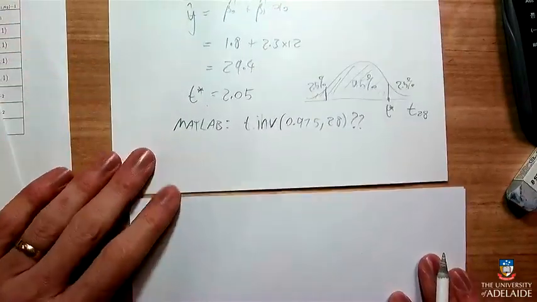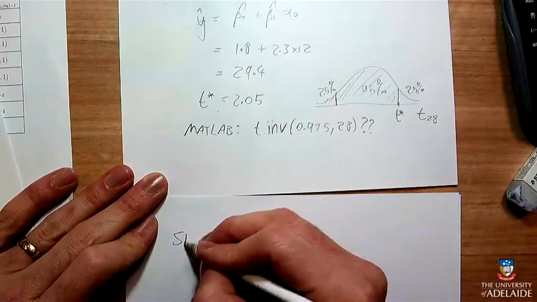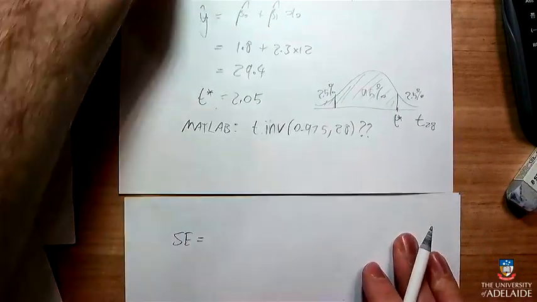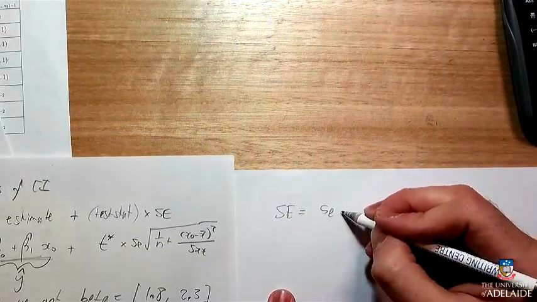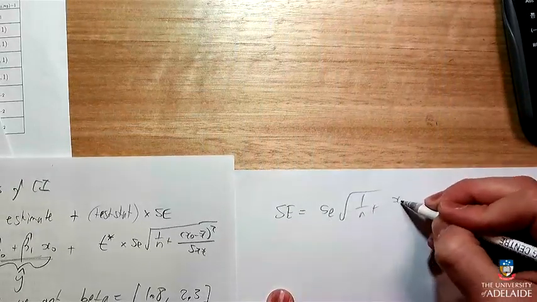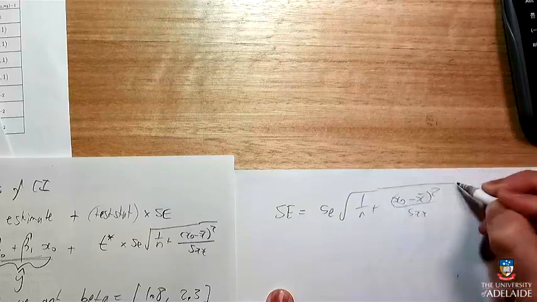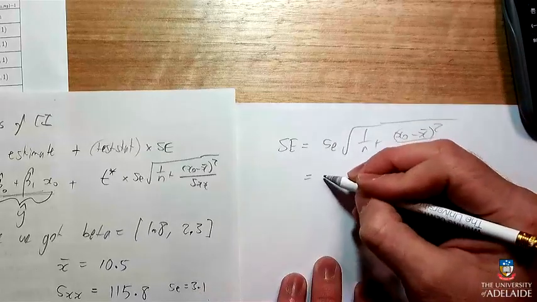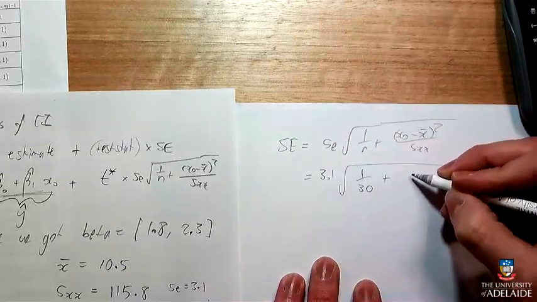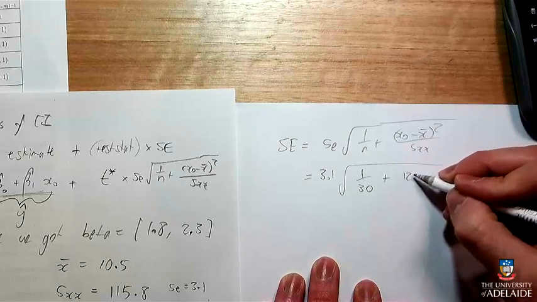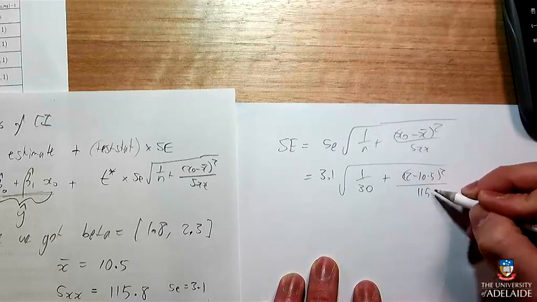So my standard error, according to the formula, is SE root 1 on n plus x naught minus x bar squared on SXX. So the SE was 3.1, the n was 30, the x naught was 12, and the SXX was 115.8.